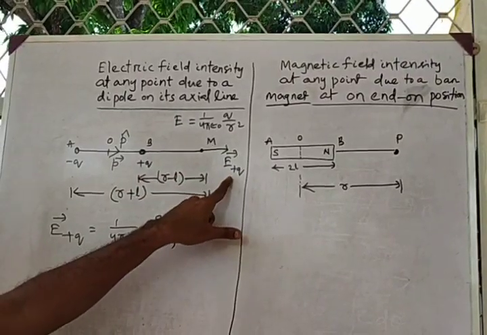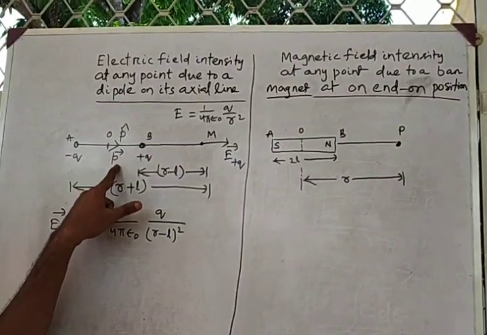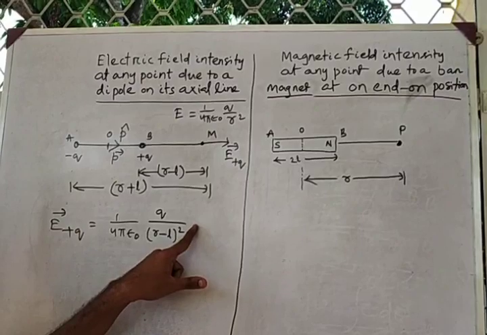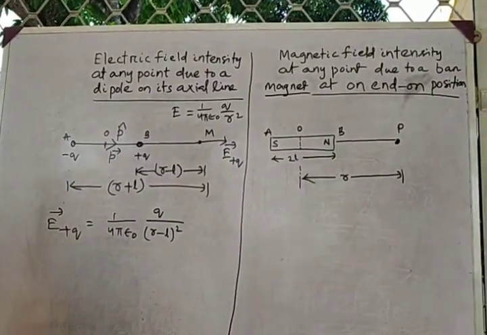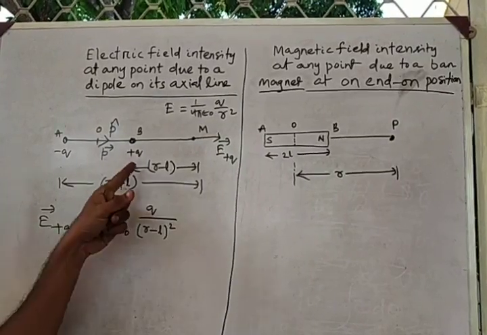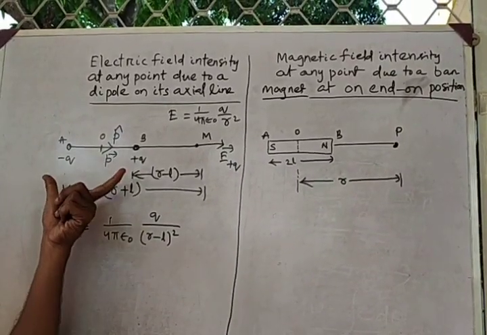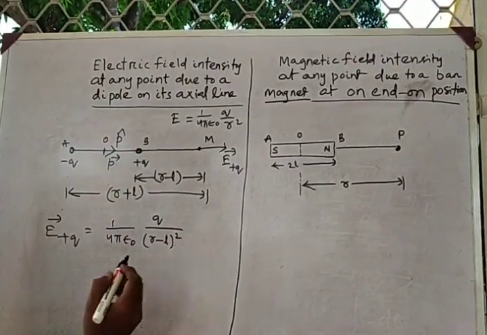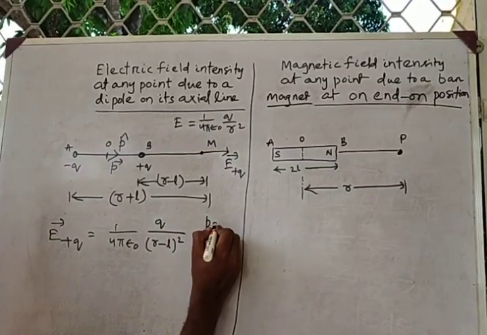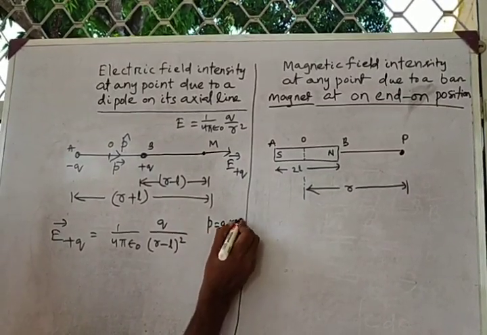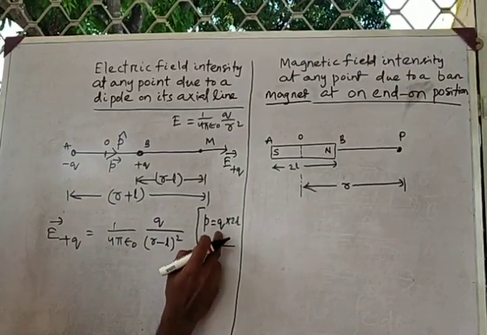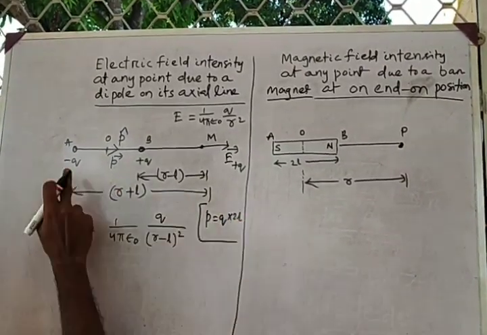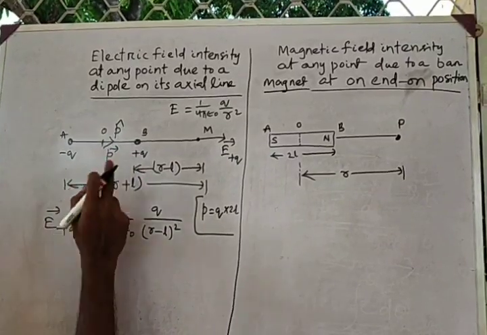The direction of the E plus Q vector and the P vector are the same. But I cannot write the P vector here because the P vector contains some magnitude. That magnitude is nothing but the charge of the dipole times the length between the two charges. So basically the dipole moment P is Q into 2L, because Q is the charge and 2L is the distance of separation between the two charges.